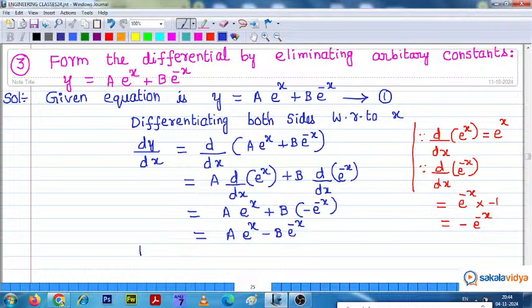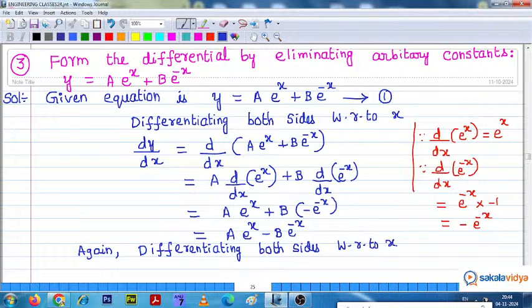So, differentiating again both sides with respect to x.